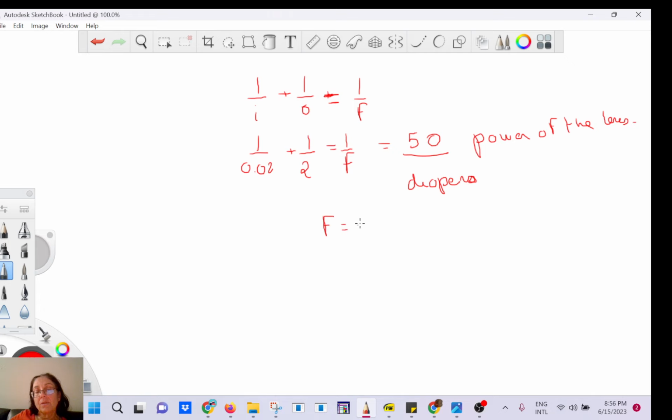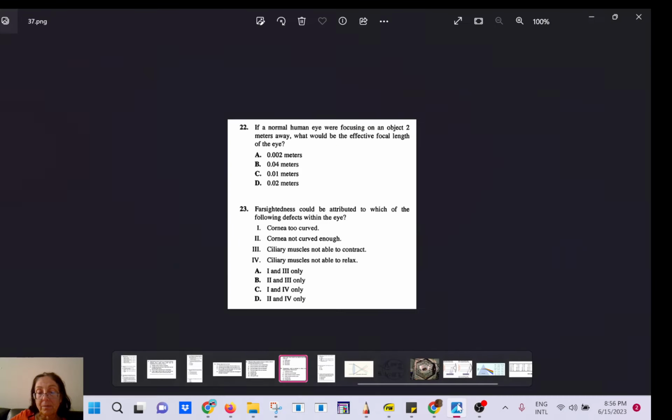So f, the focal distance, is 1 over 50, which is 0.0198 meters, which is about 0.02 meters. That will be the focal distance. So let's see if we have the answer. So the answer will be D.